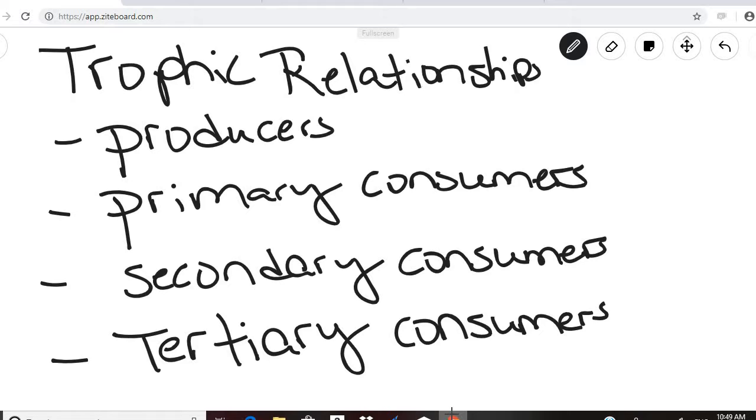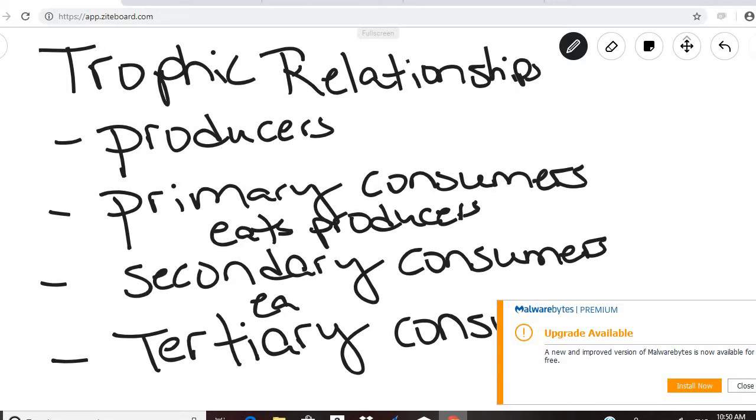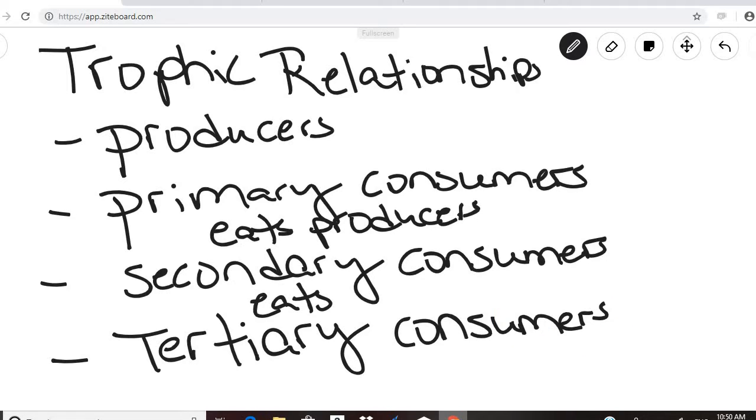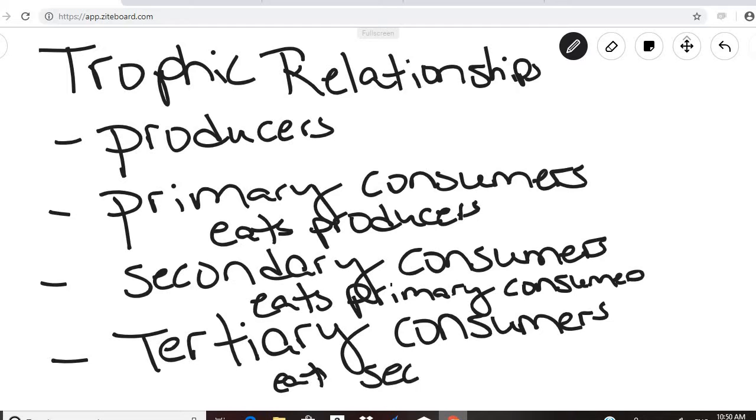So a producer obviously is a plant, or algae or something that makes its own energy. A primary consumer is an organism that eats producers. A secondary consumer eats primary consumers. And a tertiary consumer is one that eats secondary consumers.